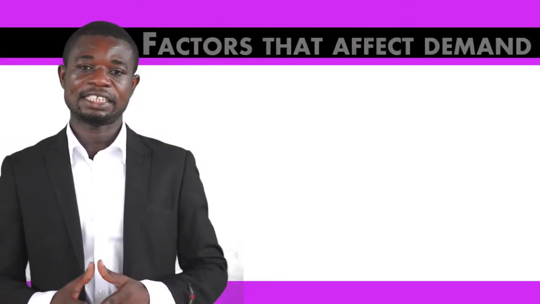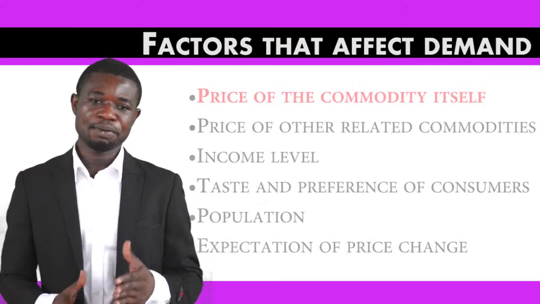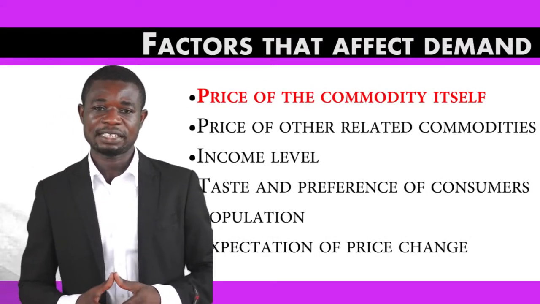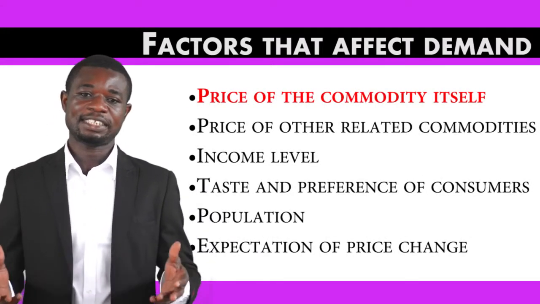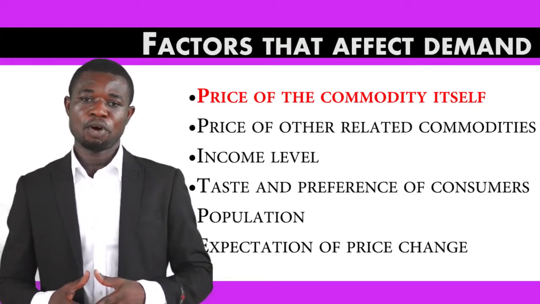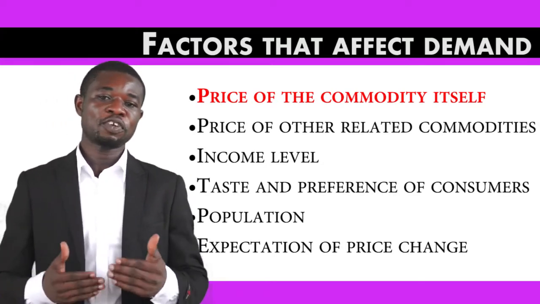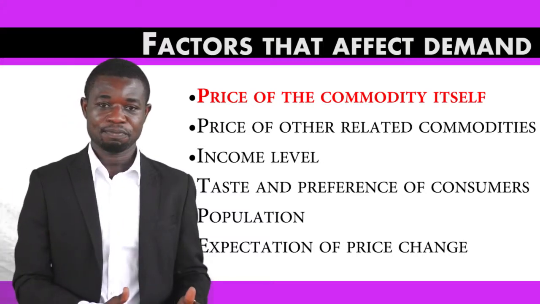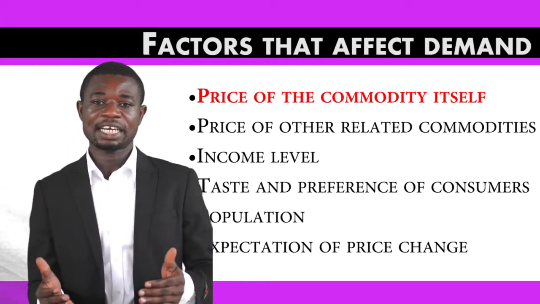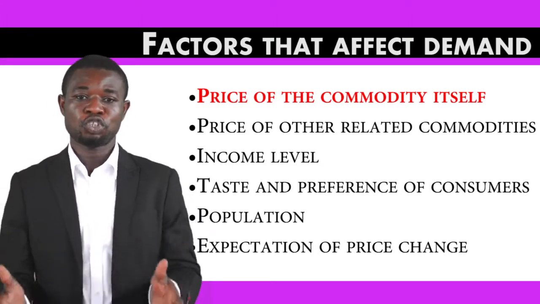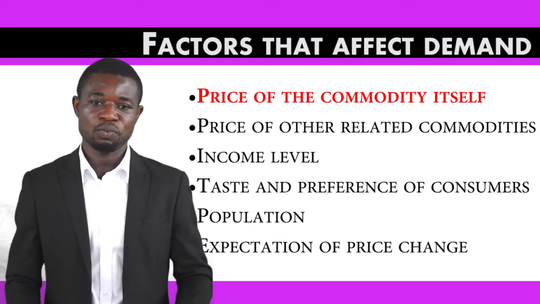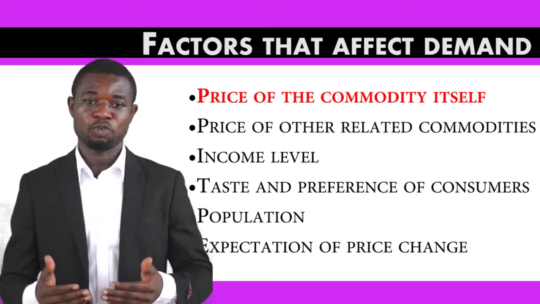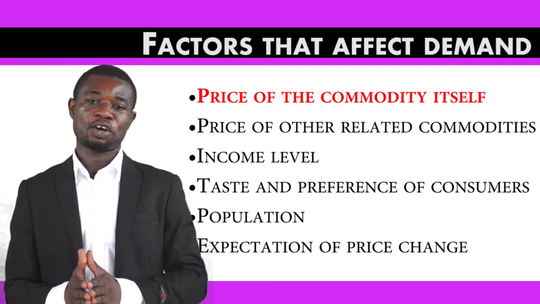We have put down some key factors that affect demand, and that is displayed on your screen. The major factor that affects demand is the price of the commodity itself. More often than not, when the price of the commodity itself is high, we tend to buy less. But on the market, if you realize that the price of the commodity we want to buy is very low, we tend to buy more units of that particular commodity.